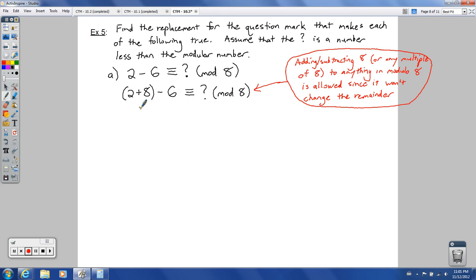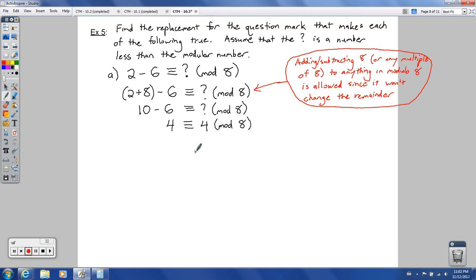So what does this become? This is the same thing as 10 minus 6. I was thinking of 10 minus 6 being 4 mod 8. So I'm almost there. Let me put that in my next step though. So put question mark still here, mod 8. This is the same thing as 4, which is congruent to 4 mod 8, because 4 divided by 8 is 0 with a remainder of 4.